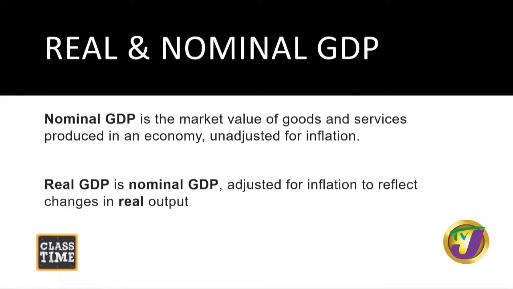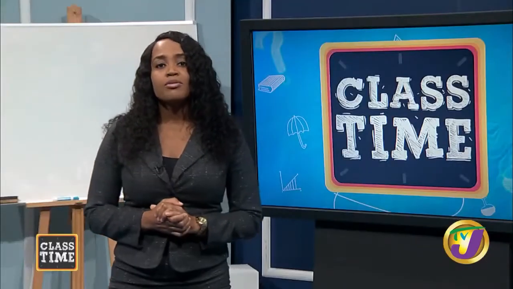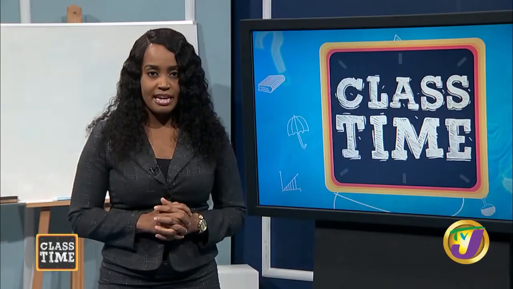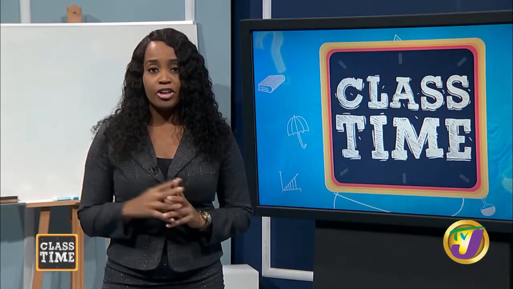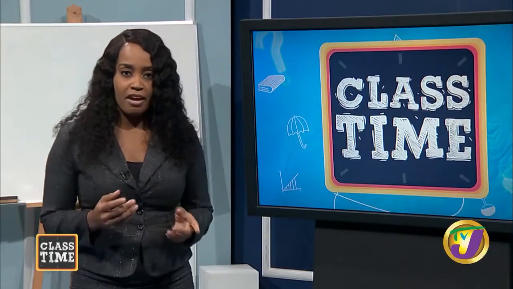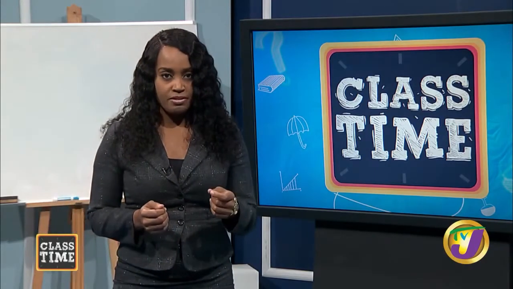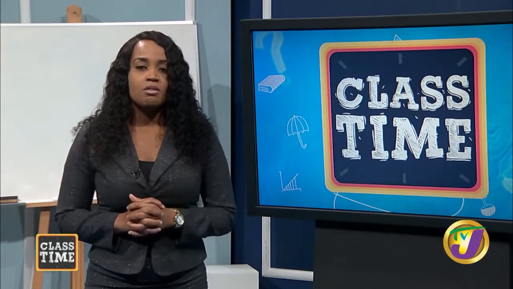So for instance, if Jamaica is producing and selling banana chips abroad, and we produce 5 banana chips in 2019 and we sell them for $10 each, we would have earned $50, right? 5 times 10 is 50 in exports by selling the banana chips.